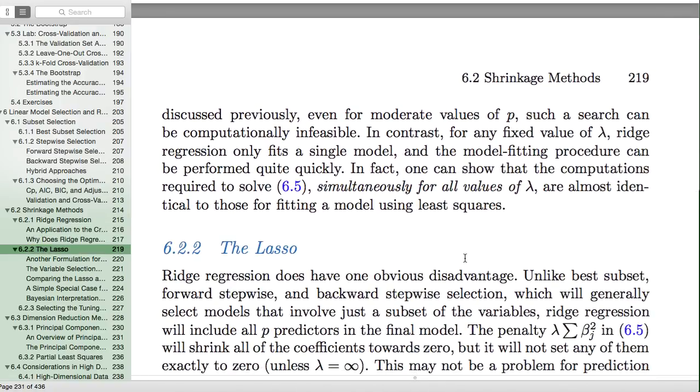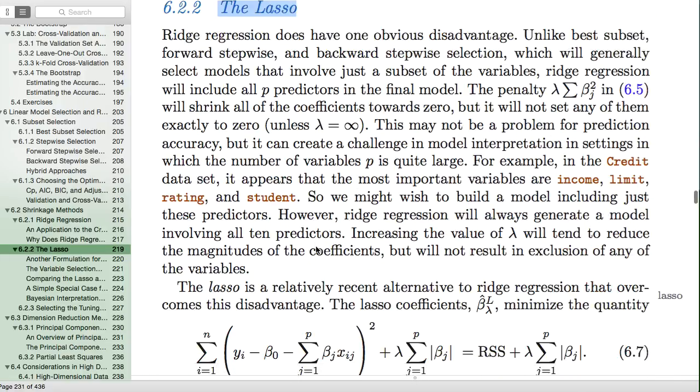Okay, there is one problem with ridge regression, that it will include all p predictors in the final model. So it would be nice to have a technique that doesn't necessarily do that. And the lasso is very similar in some ways to ridge regression, but it's very different in another way.